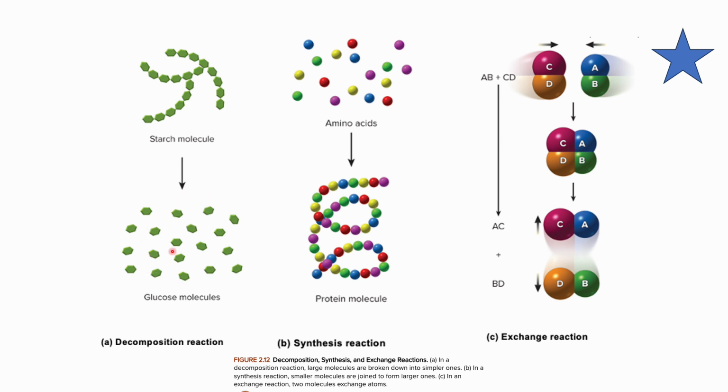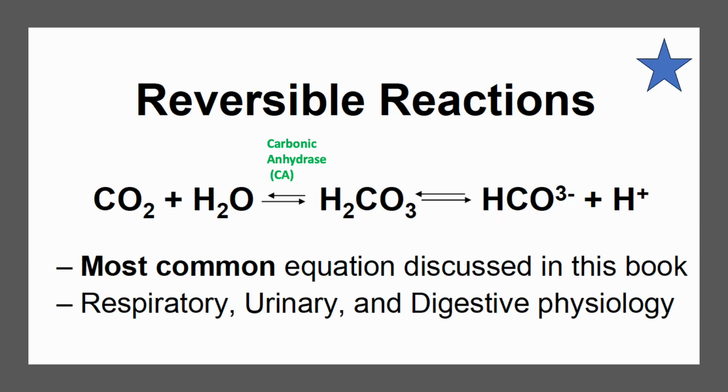This therefore would be a decomposition reaction. So if I give you an image like this, know what I am describing. We also see we're taking smaller molecules, combining them to give us one large one. This is a synthesis reaction. And here we see AB plus CD, an intermediate molecule, and then we have AC and BD. This is an example of an exchange reaction.